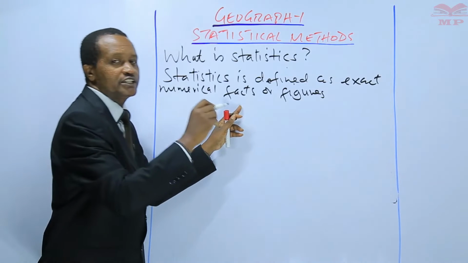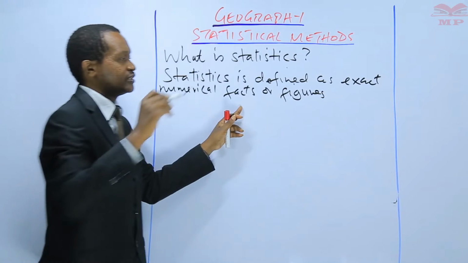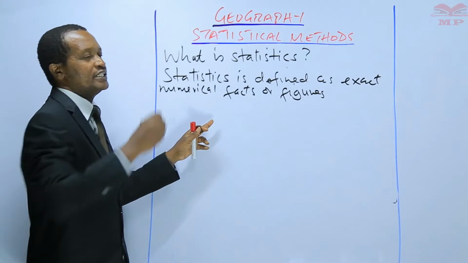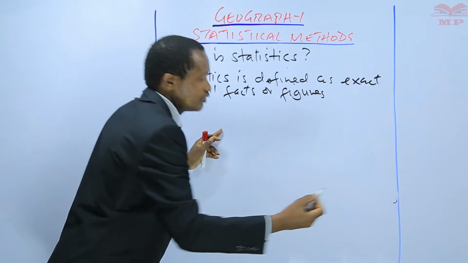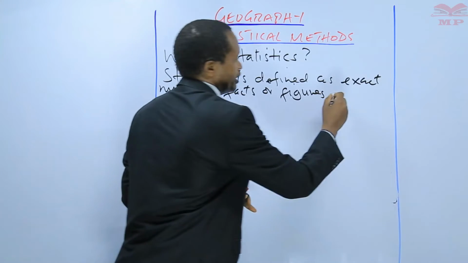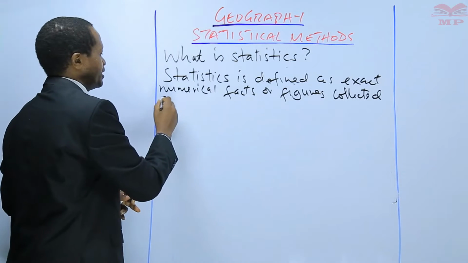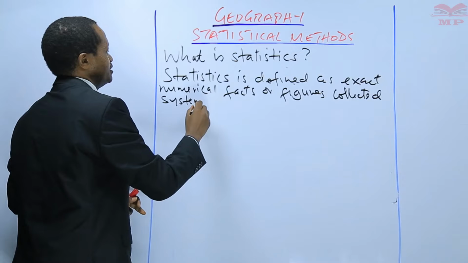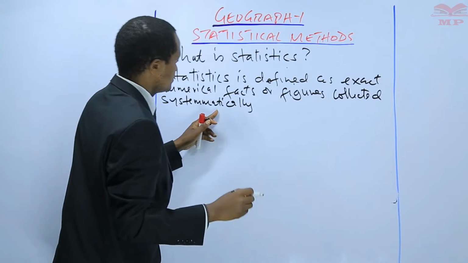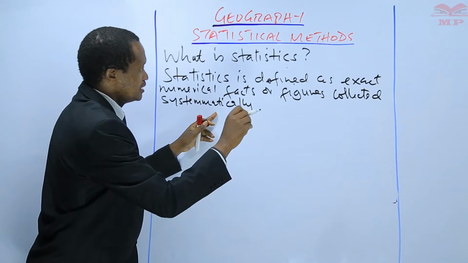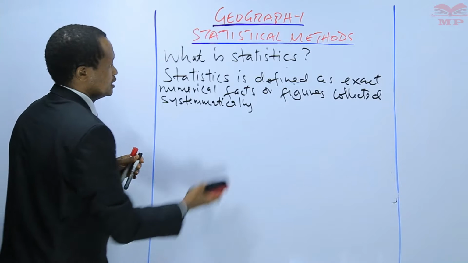Okay? Facts or figures collected systematically, right, and arranged for a particular purpose. I need to write: collected and arranged.